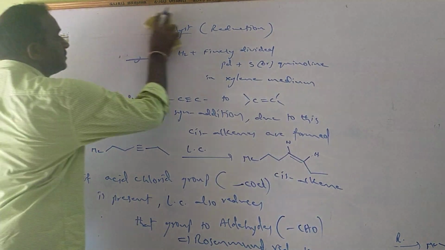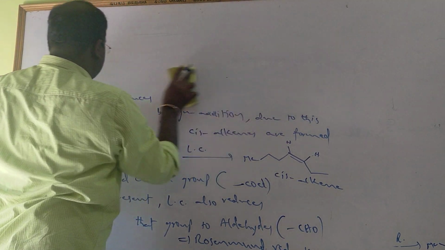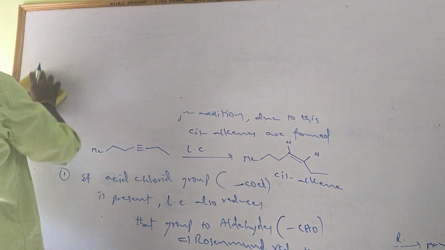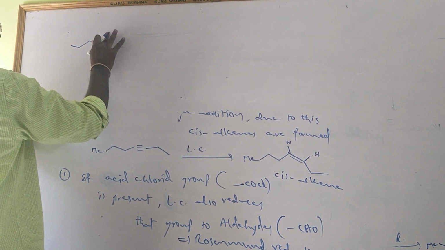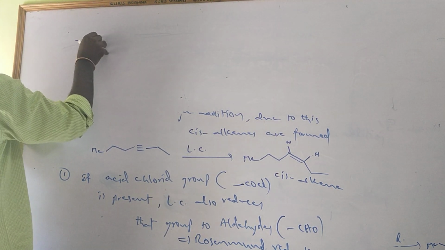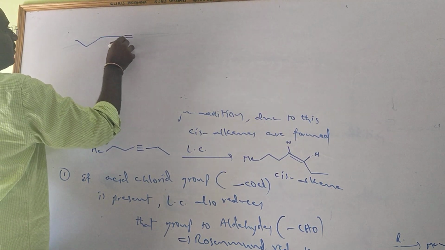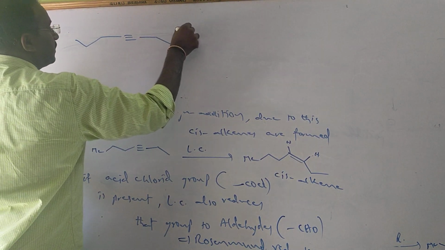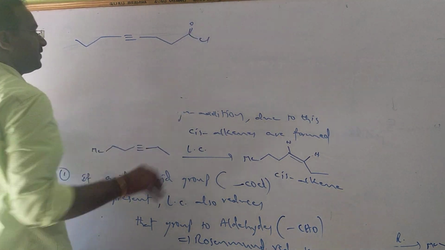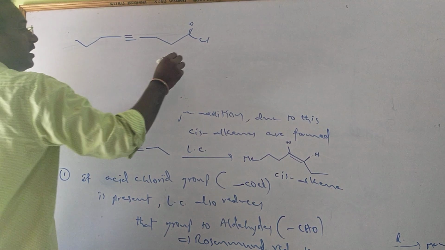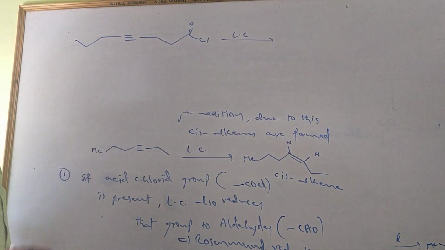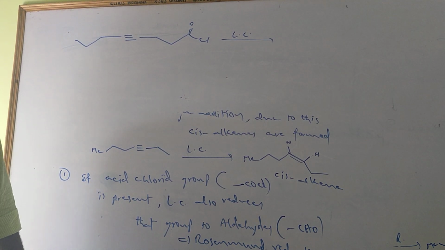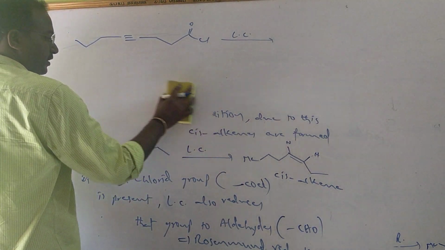If I write a reaction considering all these things: carbons 1, 2, 3, 4, a triple bond, a double bond, and COCl, like this. When it is treated with the Lindlar catalyst, what is the product we can expect? Please write it down, and then I will write the product.